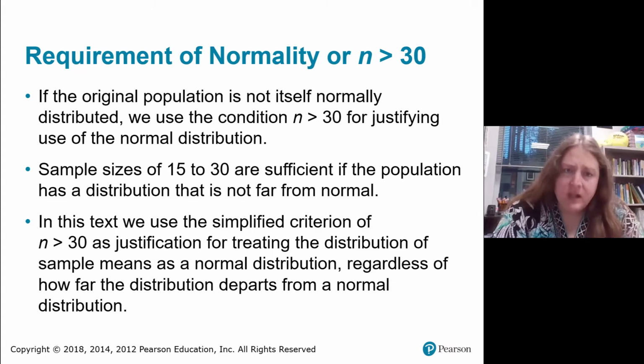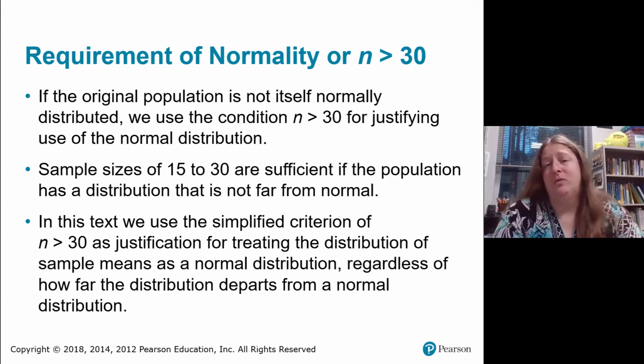Basically what we're saying here is, if our original population is not normally distributed, then we use n greater than 30 to justify using the normal distribution. If it's not greater than 30, we're going to say it's a no-go.